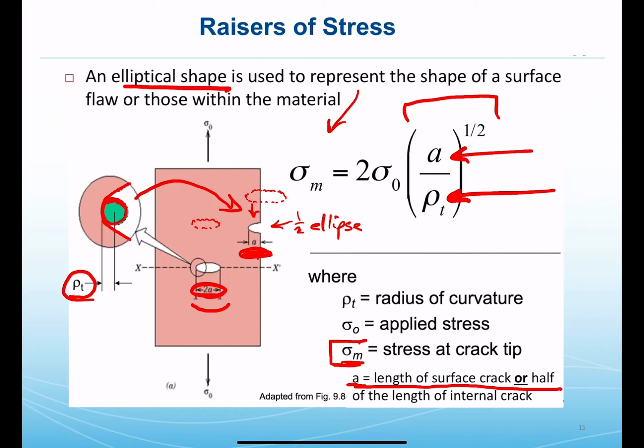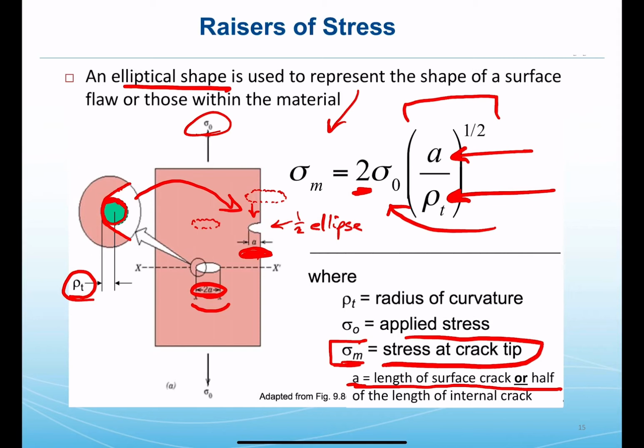Okay, so that piece is just sort of geometric, if you want. Outside of and ahead of that is a coefficient that is simply the applied tensile stress, sigma naught, and that is doubled. Okay, so 2 sigma naught times the geometric parameters for the ellipse characterizing the length of it, either on the surface or internalized, divided through by its radius of curvature, all to the power of a half, is how we calculate the stress at the tip of a crack.